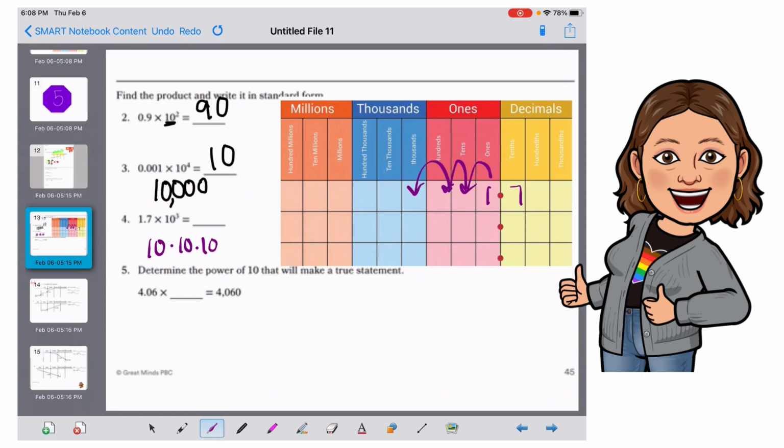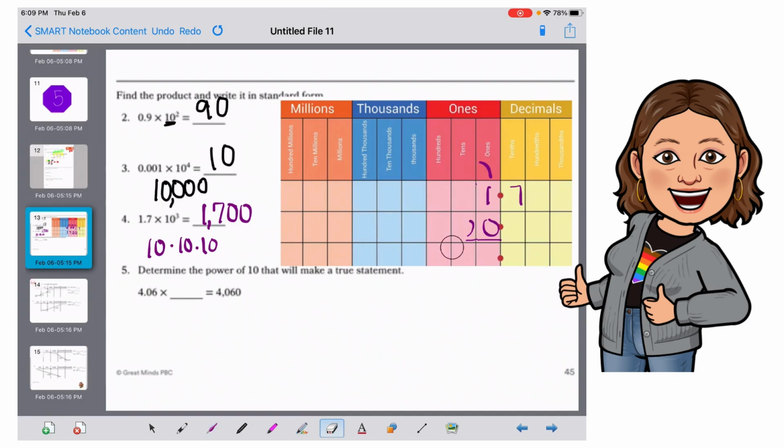The home of the 1 is right here now. The 7 also comes with it. I can't separate them. They're going to stay the same. They move up and down. So he just falls in the place right behind the 1, just like he did before. We have some empty values. Our new answer is 1,700.